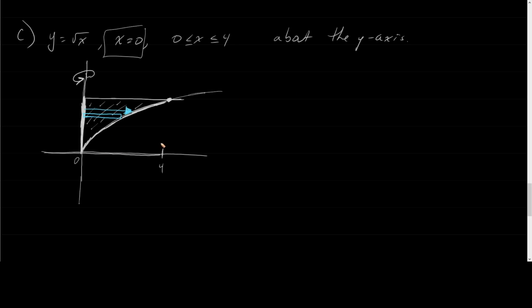So in here, let's see what we get. Well, our volume now is going to be pi times the integral. Notice that we're doing things about a vertical axis now. So we need to do things from C to D of our radius with respect to y squared dy, all right? So we need our radius function to be in terms of y.